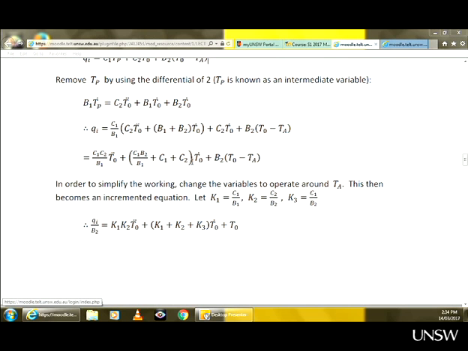And then we can rearrange a little bit to have TO double dot over here, sorry, TO dot and the coefficient multiplying it. Now we have B0 times TO, and we have B0 times minus TA.